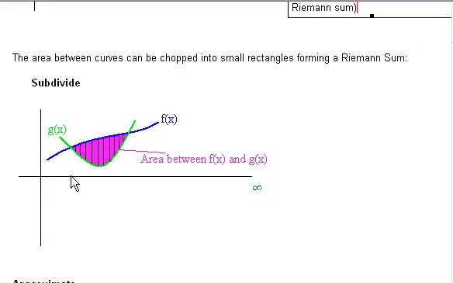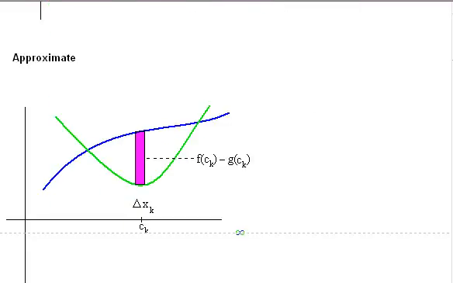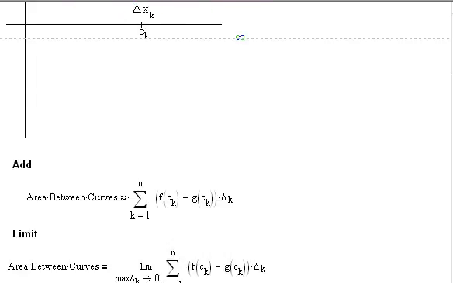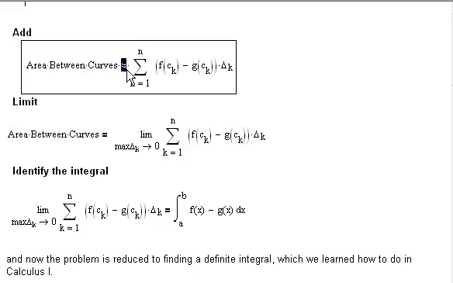If this was a here and this was b here, we've subdivided that entire interval, or by the fancy word, partitioning the interval into a bunch of subintervals. Each subinterval has width delta x sub k. The idea is we chop that up into subintervals, add up all the rectangles we make from the subintervals, and that would be approximately equal to the area between the curves.